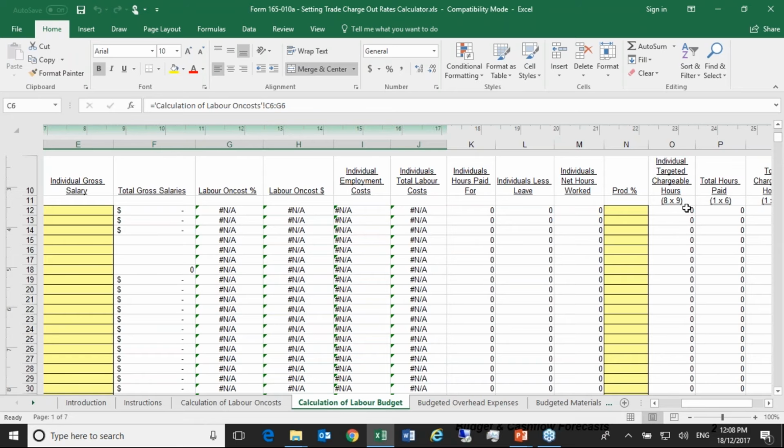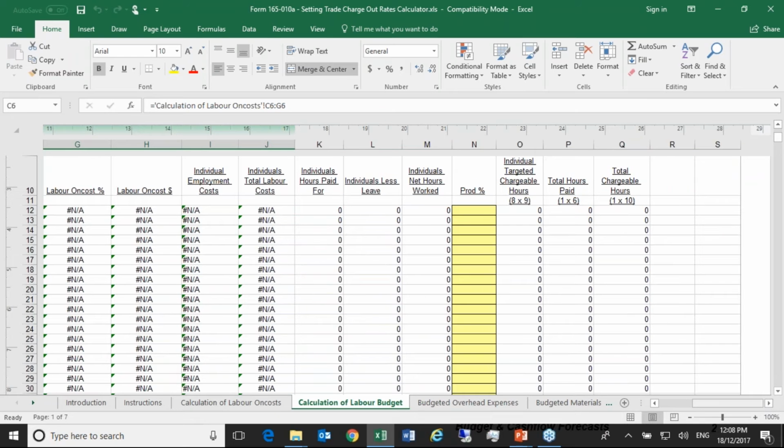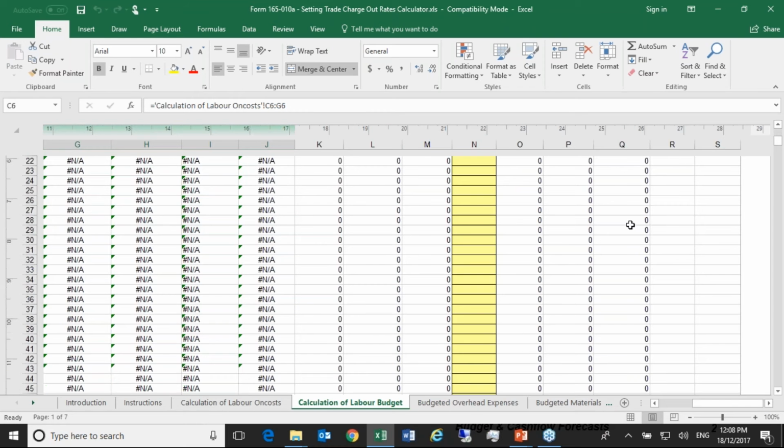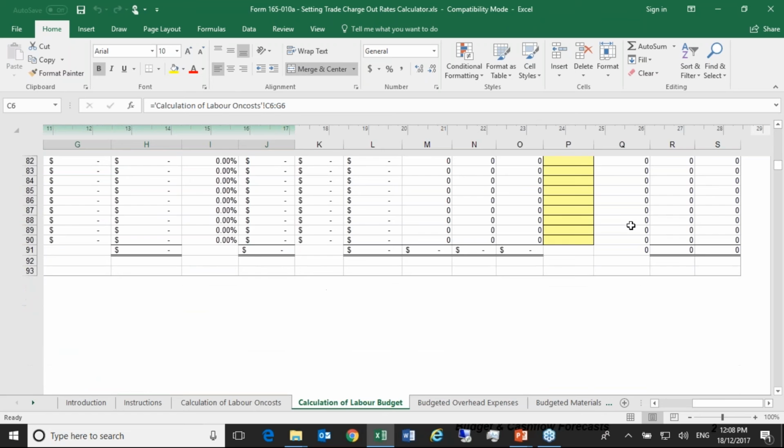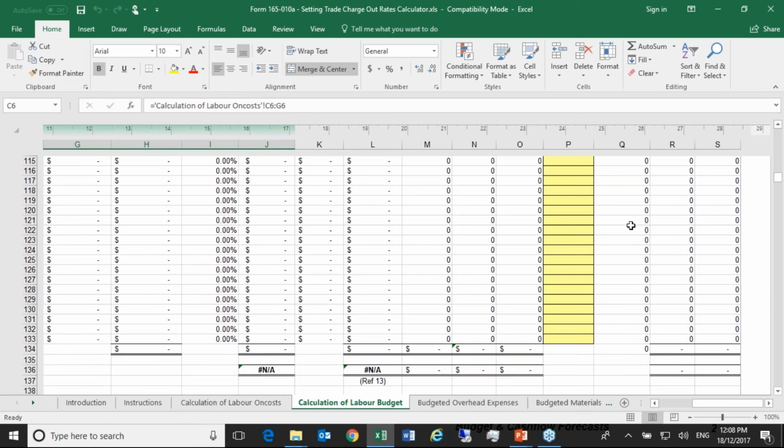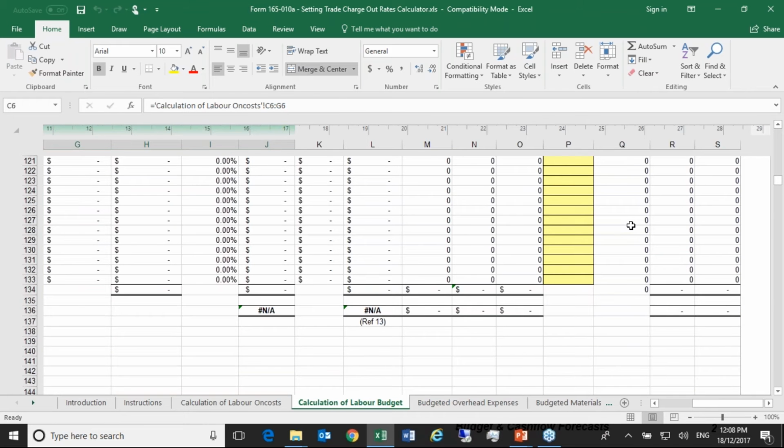The system will then calculate what the targeted chargeable hours are. And then we get the total hours and the total chargeable hours for the business. Those calculations are made for the various labour categories that the business might have, and then you would get the total labour budget.